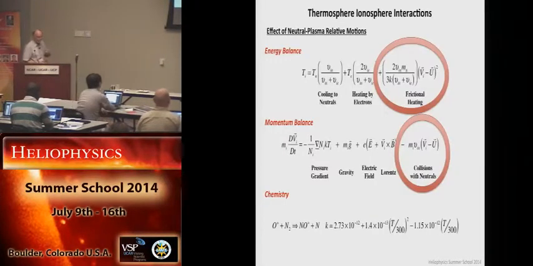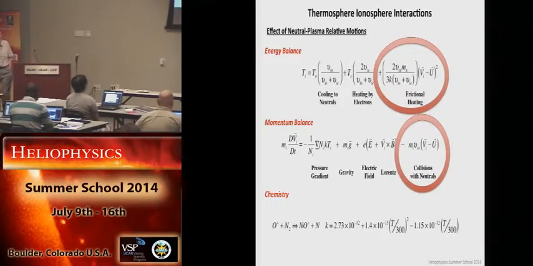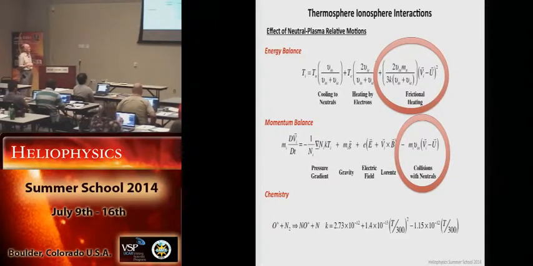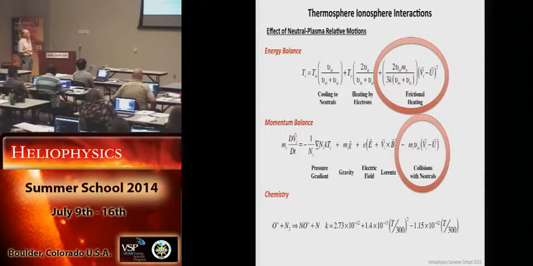So I want to finish by just talking about the effects of relative motions between the ions and the neutrals in a plasma. And they show up in these two places, in energy balance and momentum balance. So when there's a relative velocity between the plasma and the neutral gas, there's an exchange of energies between the species such that the ions can be heated to temperatures that are in excess of the neutral temperature.